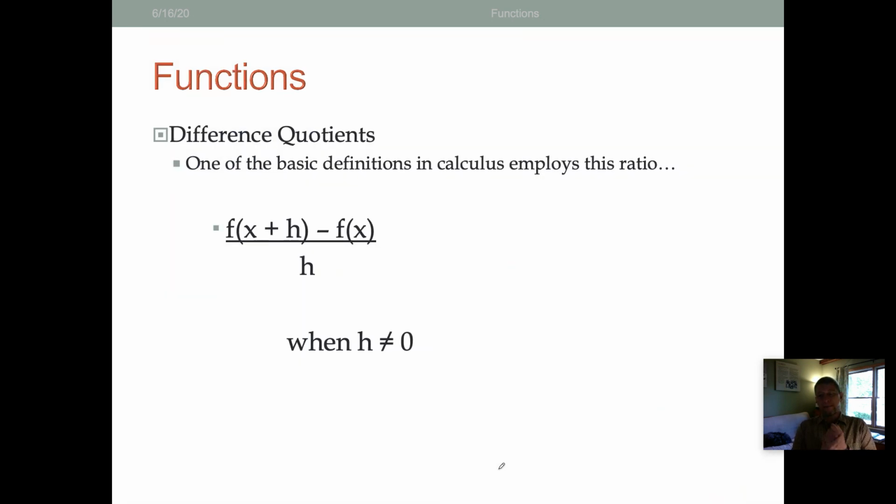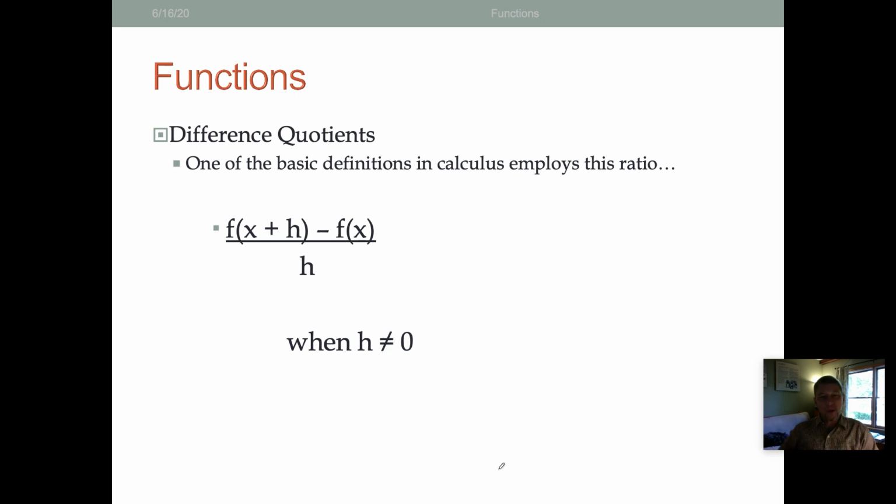Now, this course is entitled Precalculus, but I'm going to introduce here a function that is exceptionally important in the basic idea of the calculus. One of the basic definitions in calculus employs a ratio called a difference quotient.